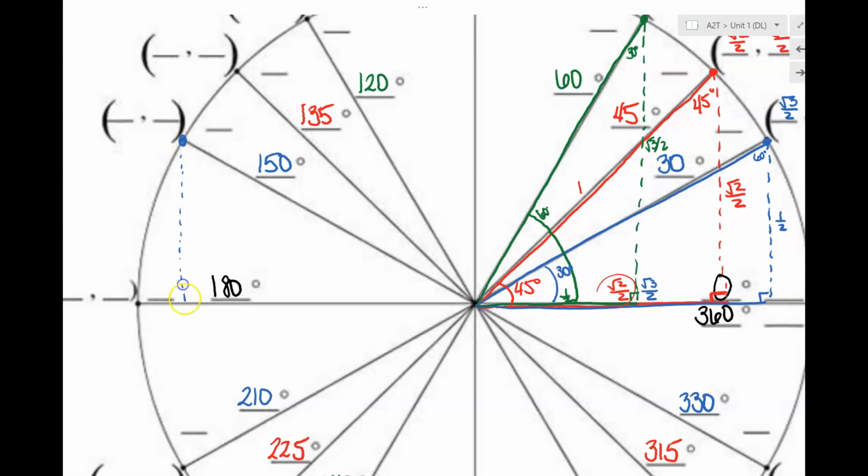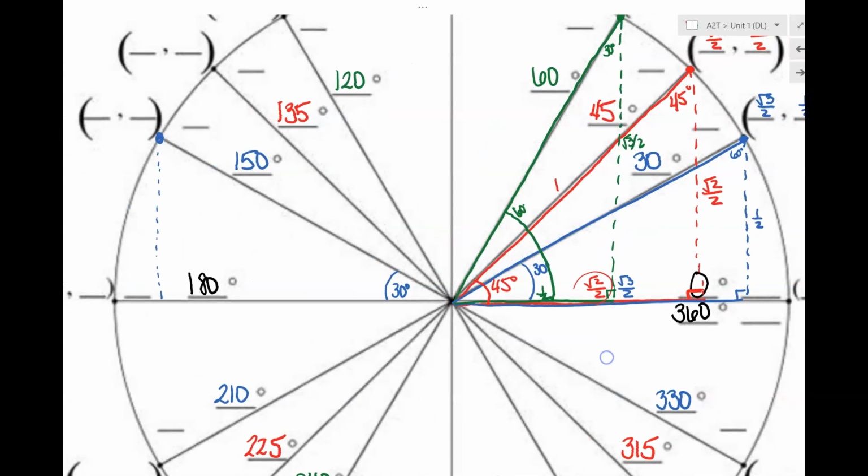How far is 150 degrees from 180? What's their separation? Oh, it's 30 degrees right here. So it's going to have the same coordinates as the 30 degree because this would be a 30 degree right triangle, 30, 60, 90.